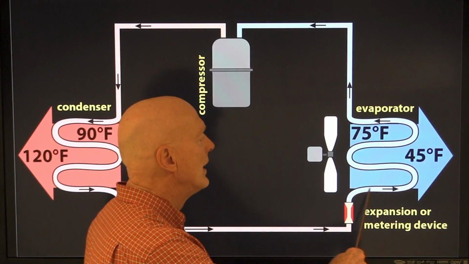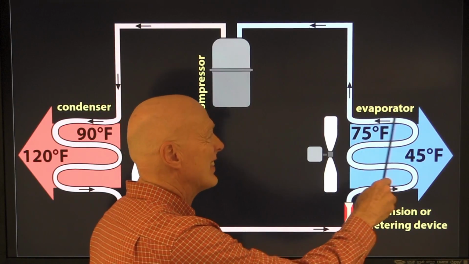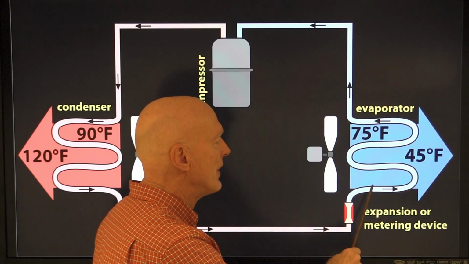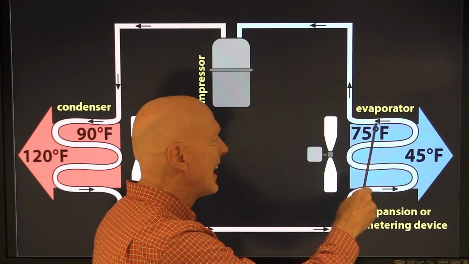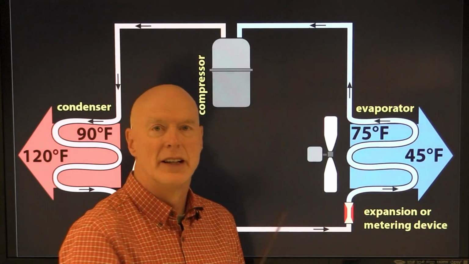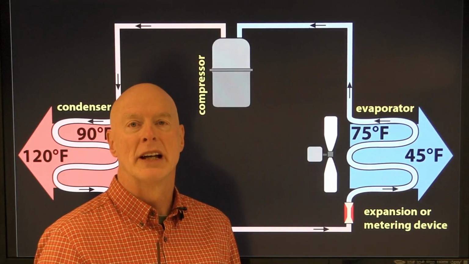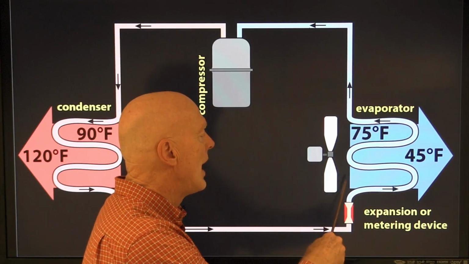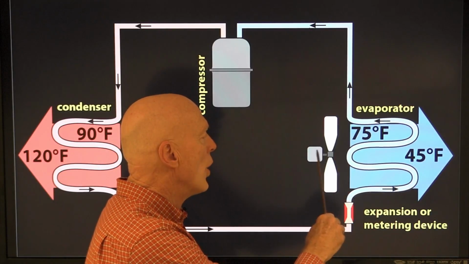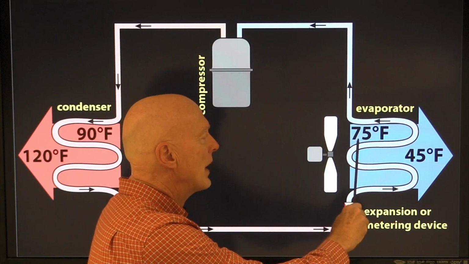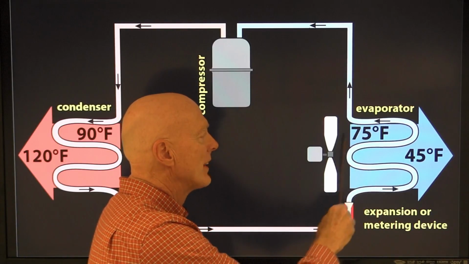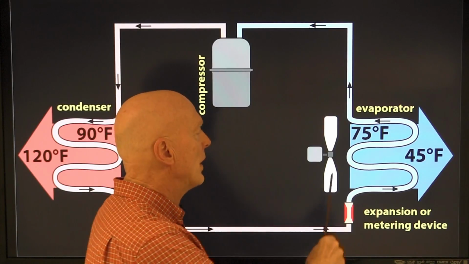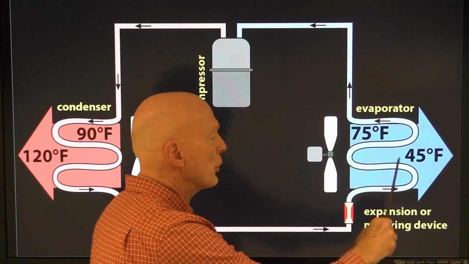And what it's doing here in the evaporator, okay, this is the evaporator coil, is it sucks the heat out of all this metal. And the metal is copper tubing and aluminum fins. And at the same time that it's sucking the heat out of there, we're driving air from the building, for example at 75 degrees, through this coil.